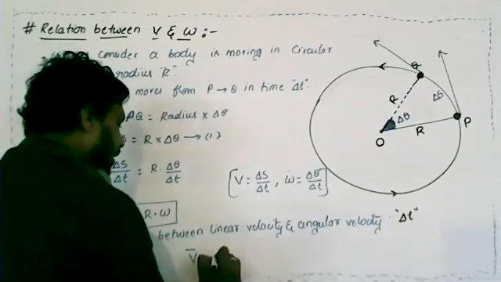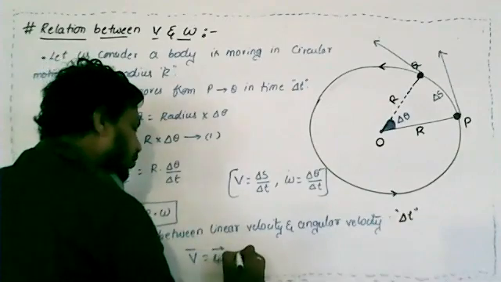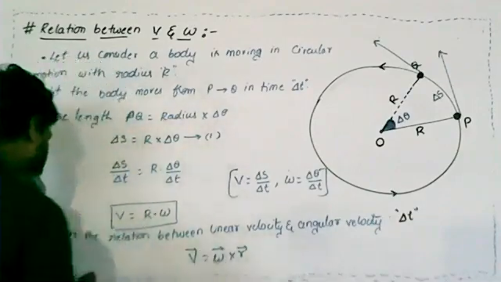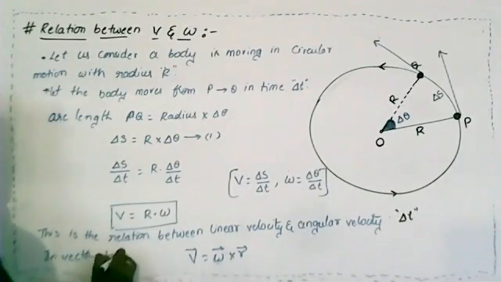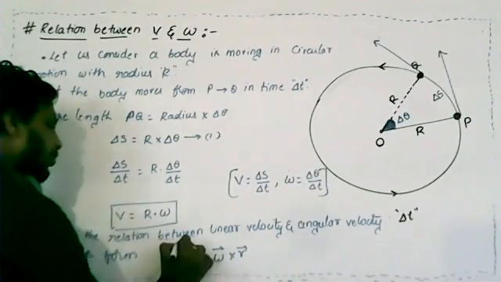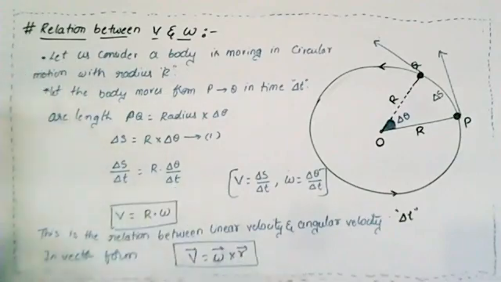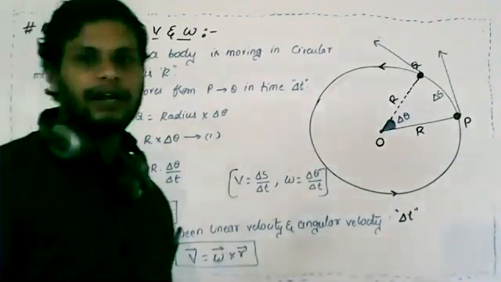So you just write it down in vector form. Therefore, it is the cross product of omega bar and R bar.